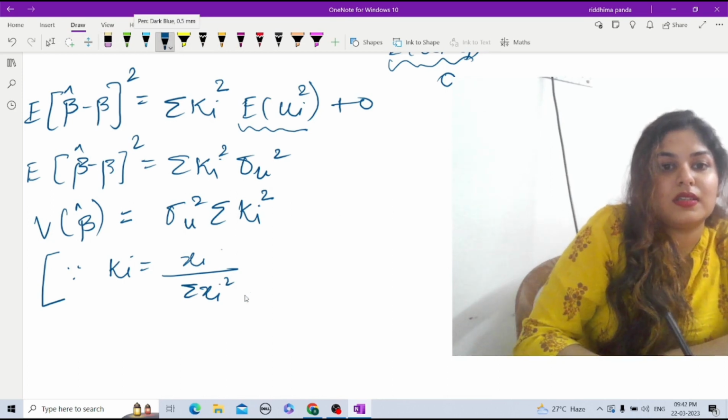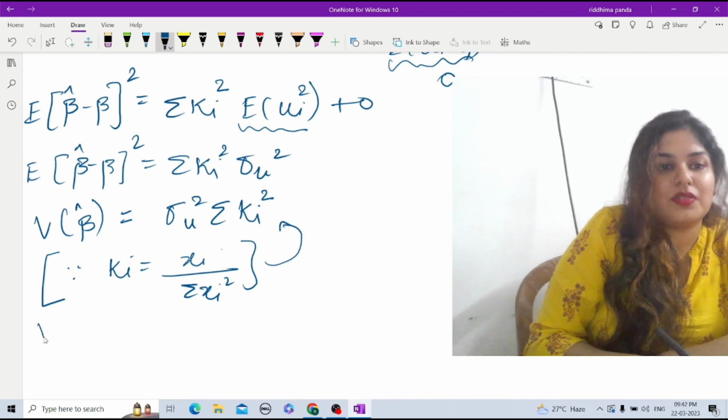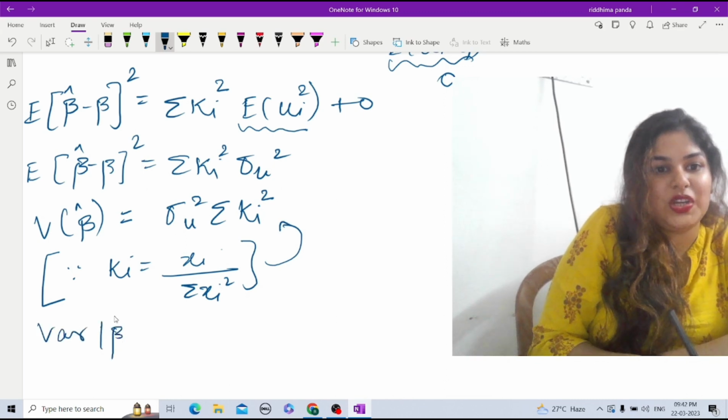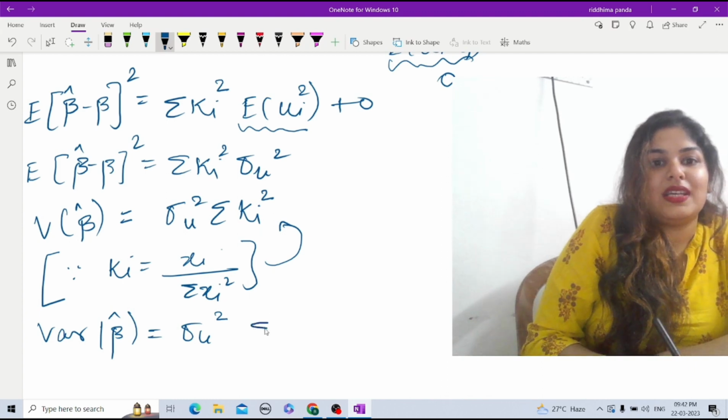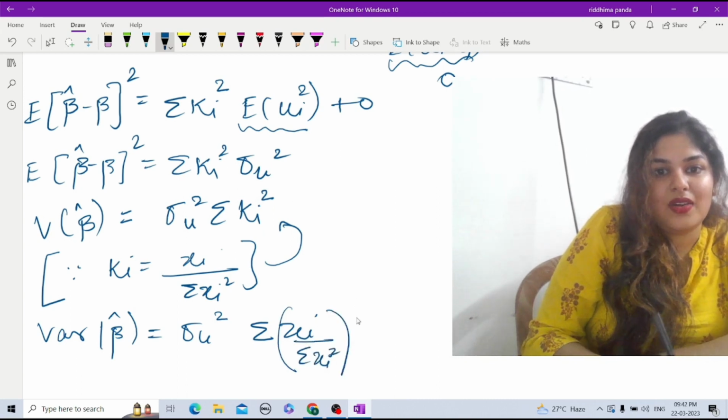Right. Now, I can put this value here. So variance of beta hat is equal to sigma u square summation of xi by summation xi square, whole square.